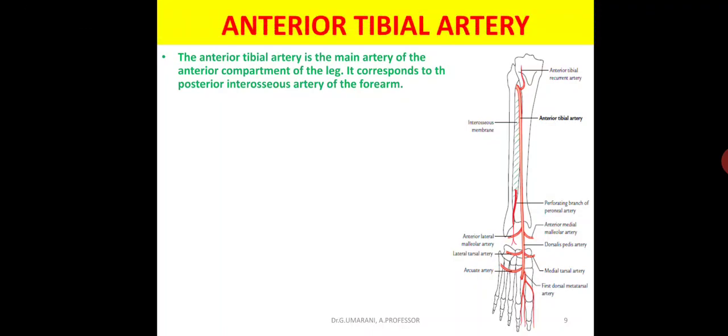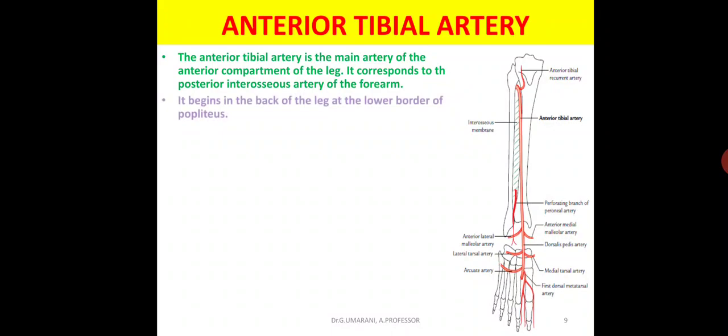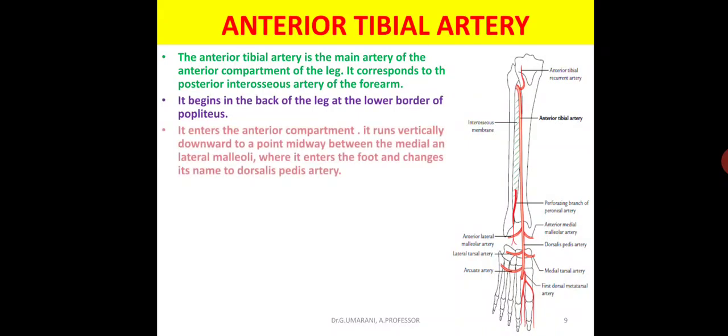Regarding its origin, it arises at the back of the leg, from the lower border of the popliteus muscle, enters into the anterior compartment of the leg and runs down, continuing as the dorsalis pedis artery.